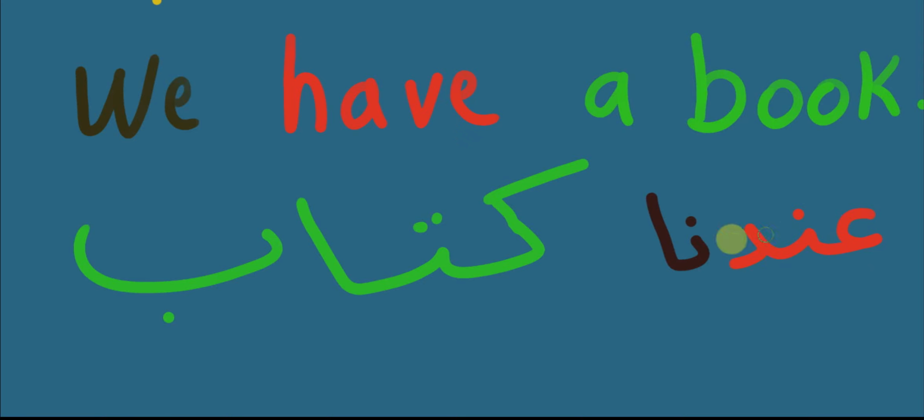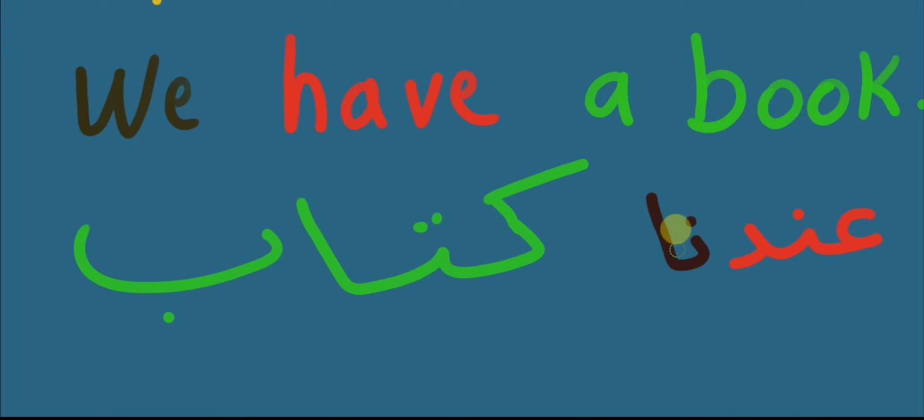So when you say عندنا كتاب, you're indicating a section of space in which you have that book. And you're saying عندنا, that indicates it's a place you have access to, or you control, or somehow you can use, the word by us.